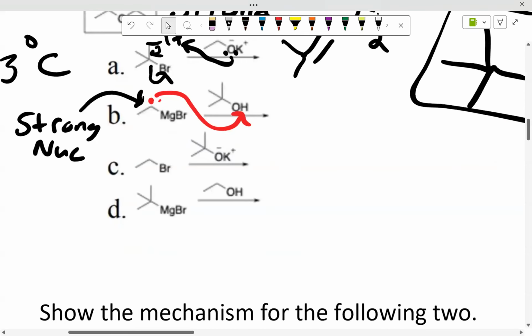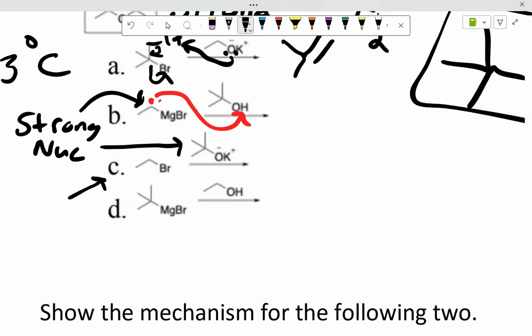Next one, we have tert-butoxide, which is also a strong nucleophile. And we have a leaving group that's on a primary carbon.